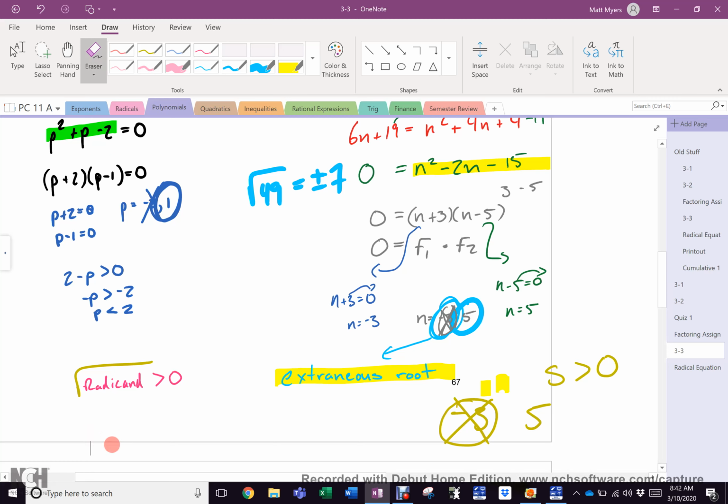So this is the restriction part. You just take anything under a radicand and make it greater than 0. And then you do the algebra. And how you do the algebra is the same way you do it if it was an equal sign. Not as important for this section.